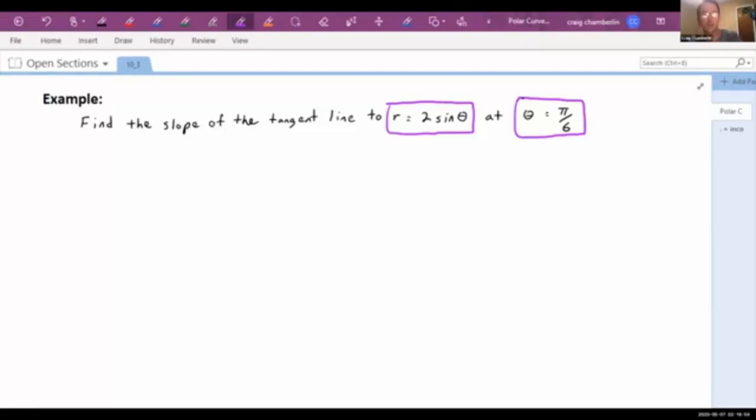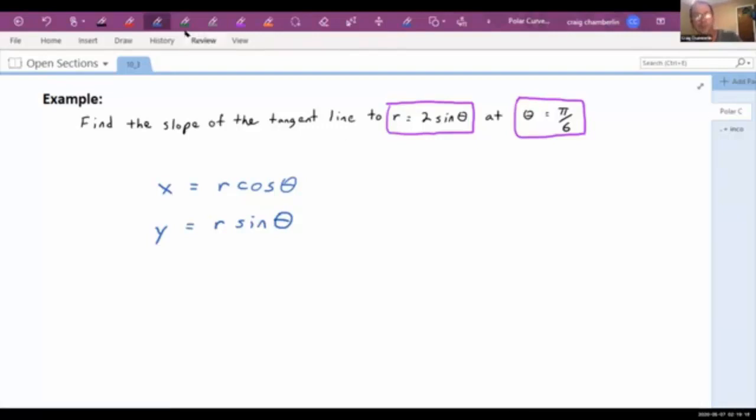And here's how we can do that. We can use the transformation equations. We can use the fact that x is equal to r cosine theta, and y is equal to r sine theta. And we talked about those equations last time. What we have to do, though, is get a single parameter.